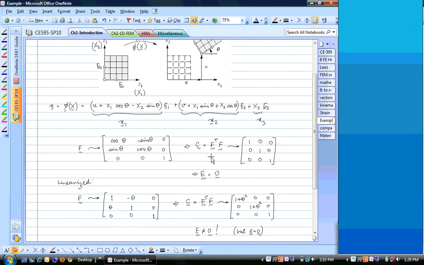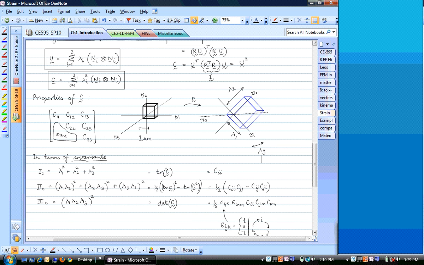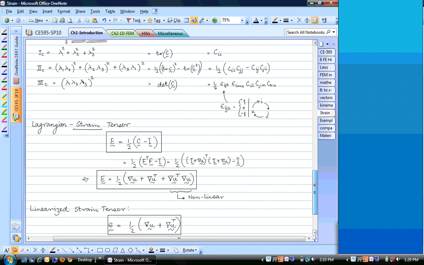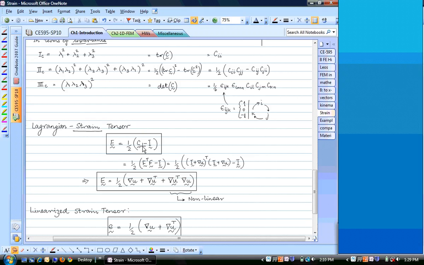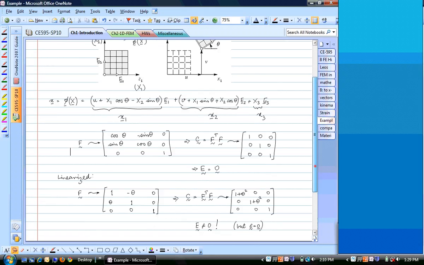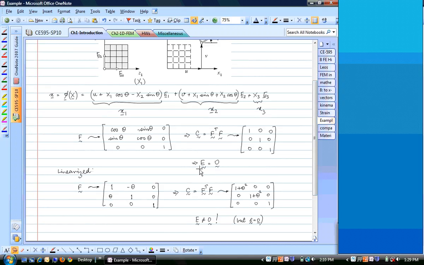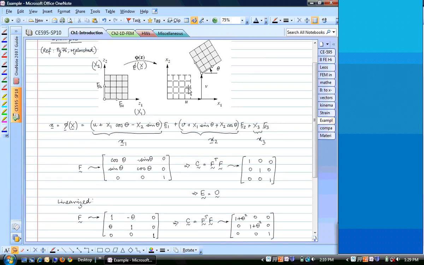And according to the measure of strain that we had, the Green Lagrangian strain, which is C minus I, right here, C minus I, that will go to 0, and we don't even need the half. So epsilon, or this big E, which is the Lagrangian strain, is equal to 0, which shows that even if you have a rigid body rotation, the geometrically exact strain will give you 0.